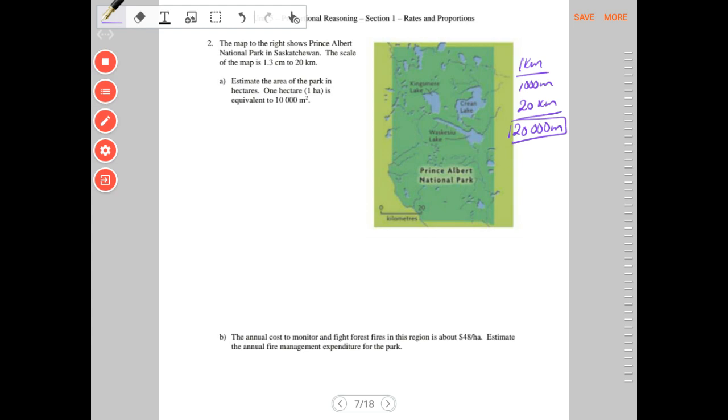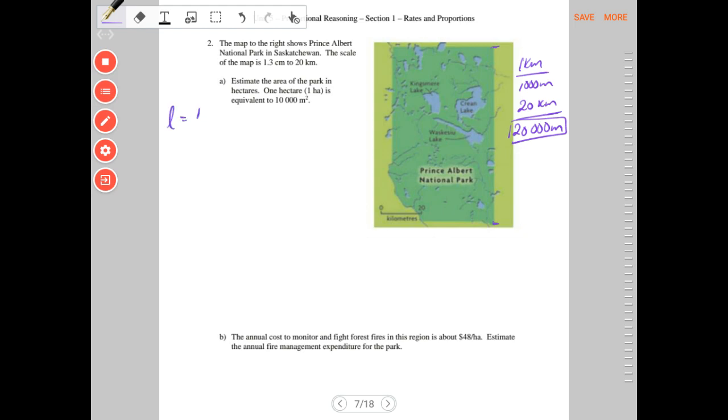Okay, so if you were to take out your ruler and roughly measure the length. So if you take out your ruler and measure between here and here, and again, remember we're estimating because the park kind of dilly-doodles over here a little bit, so we're just going to treat it like a rectangle. All right, I measured it to be 9.1 centimeters on my picture, on my printout. You can measure it and do whatever you want, but that's what I got. Okay, so here's the length.